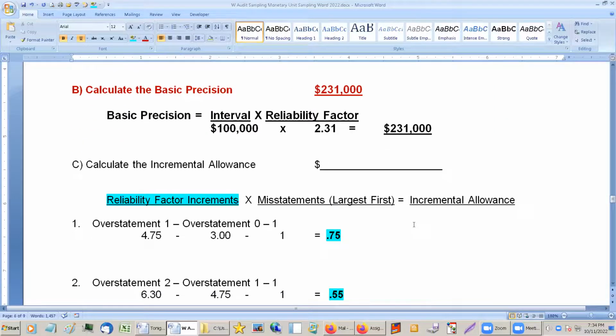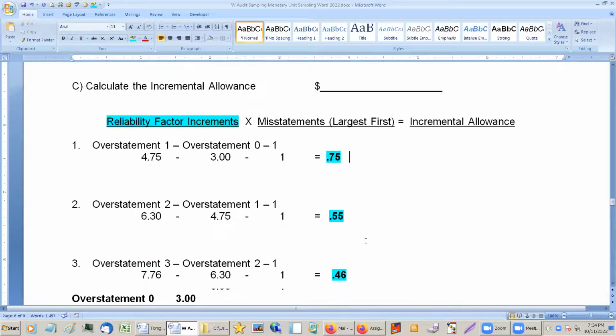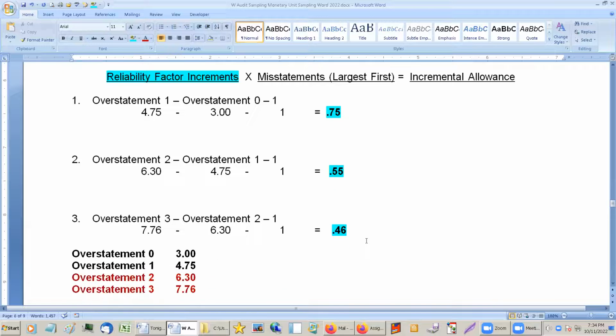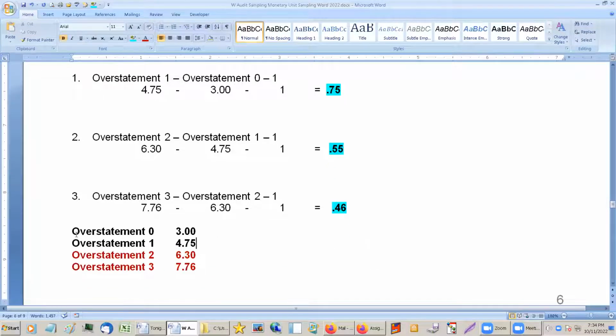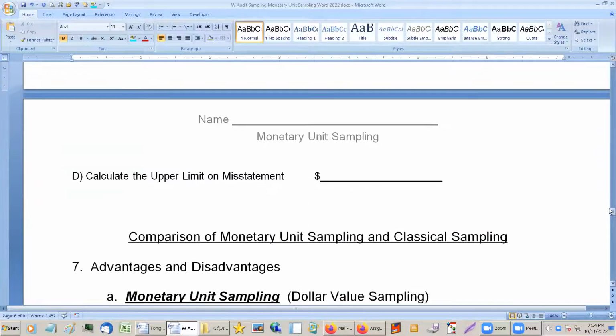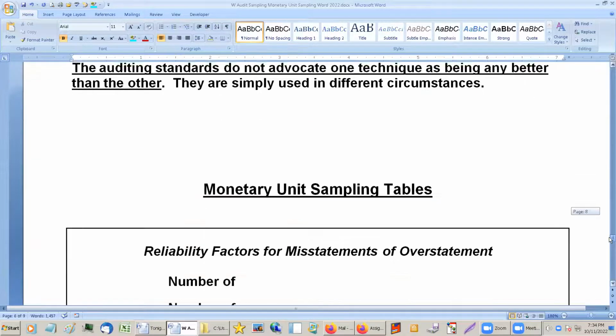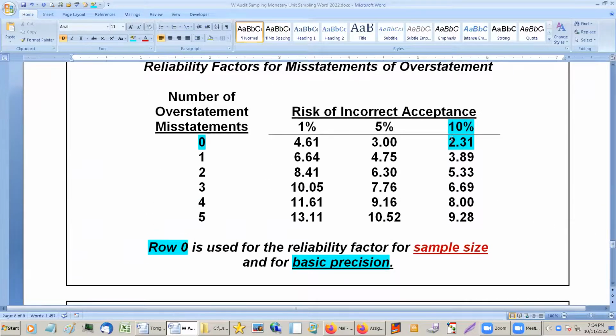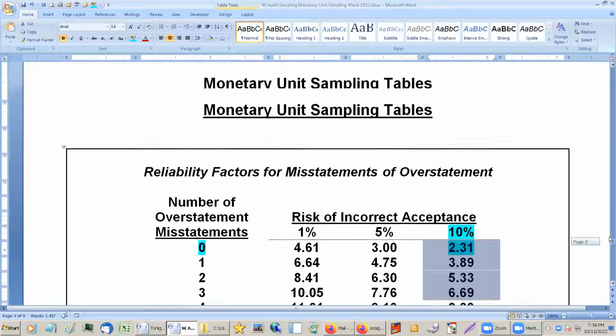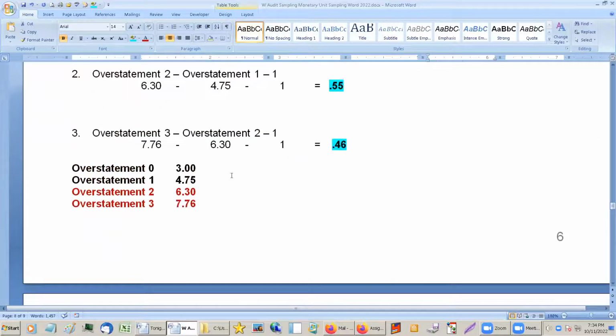Now, incremental allowance says, we must have already done these, at least the intervals. Wait a minute, those aren't right. No, they're not right. I'm sorry. We're at 10%. Must have just copied it now. Okay, so I'm going to copy these up there. So at 10%, these are the intervals.